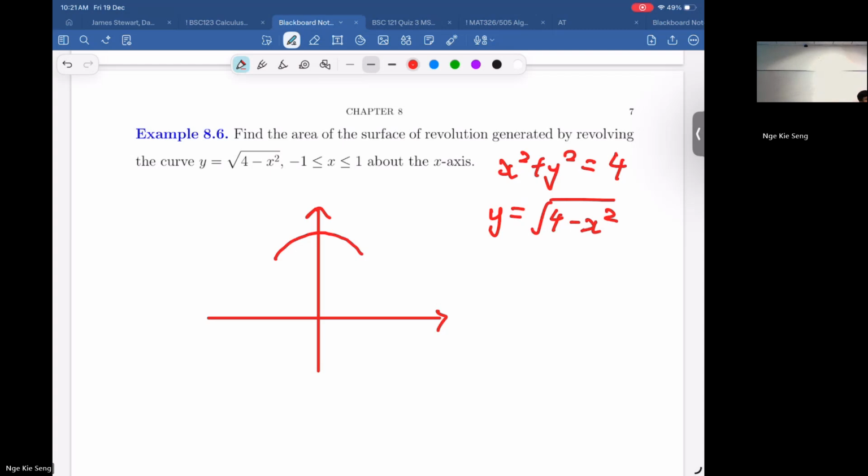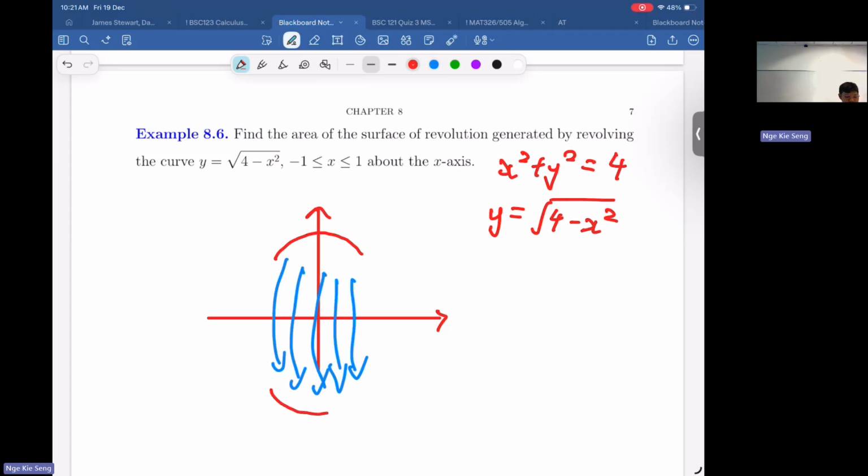Maybe it looks something like this. And you want to find the area of the surface of revolution by revolving this curve about the x-axis. So you want to turn this around. Can you imagine what this object looks like? You go around like that.